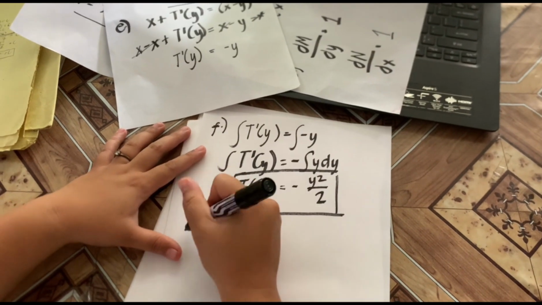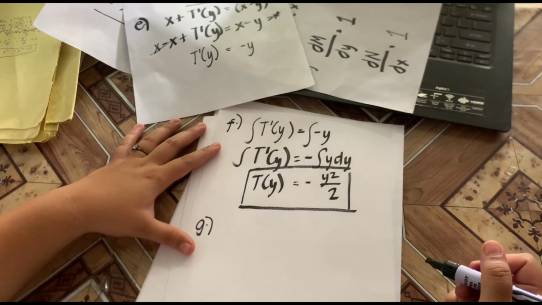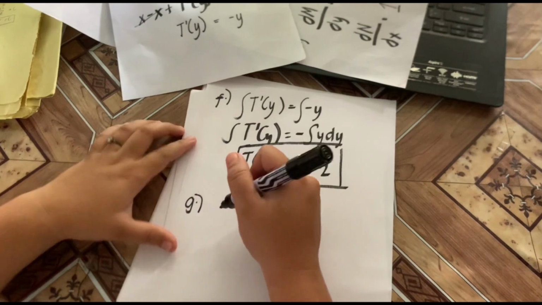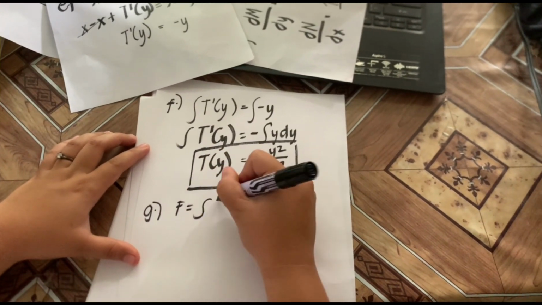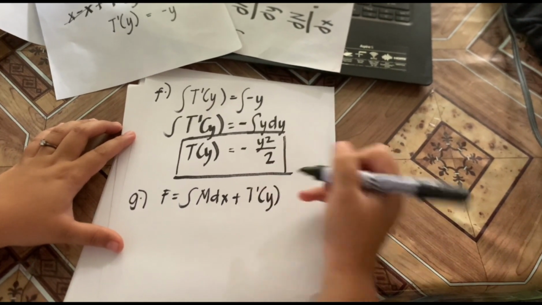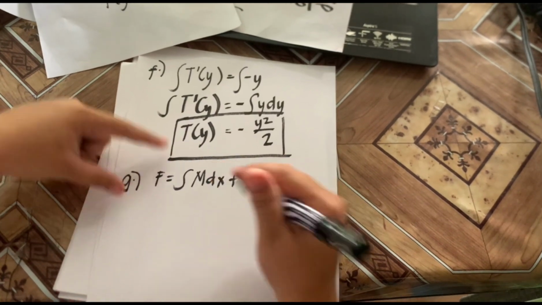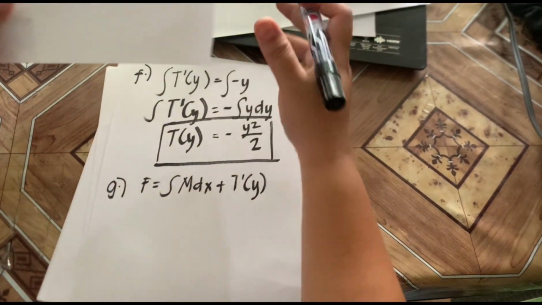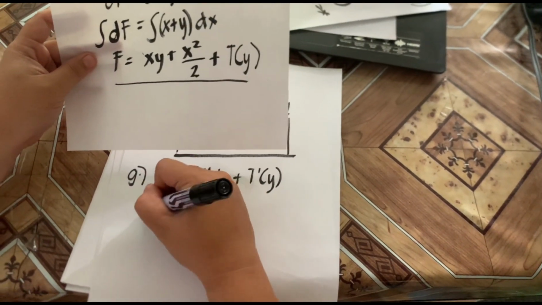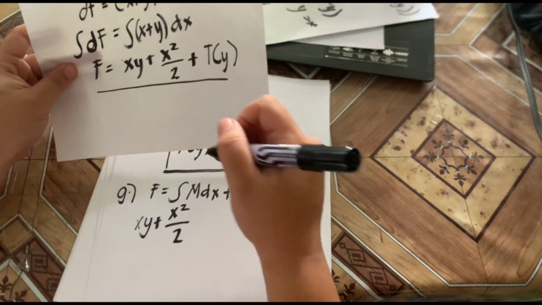This would be the answer now. For our last step, we are going to substitute the integral value of t prime of y into f equals the integral of M dx plus t prime of y. Since we already have the answer, we have the integral of M dx, which is xy plus x squared all over 2.